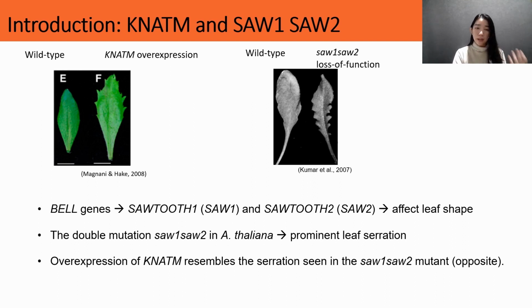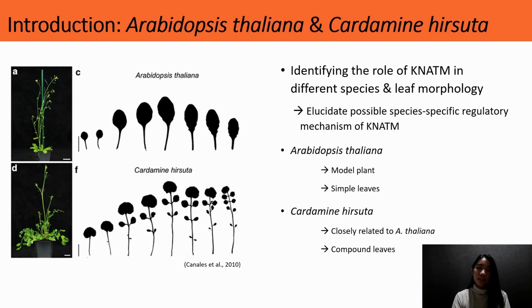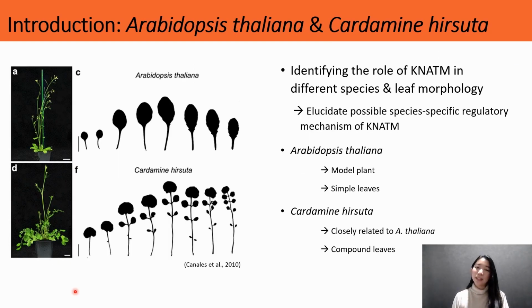So the overexpression of NATM and the phenotype of SO1 SO2 mutation in Arabidopsis thaliana resemble each other, which show an opposite effect. In this project, the role of NATM in different species and leaf morphology will be identified to elucidate the possible species-specific regulatory mechanism of NATM.